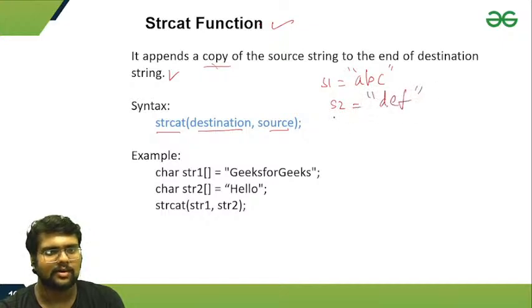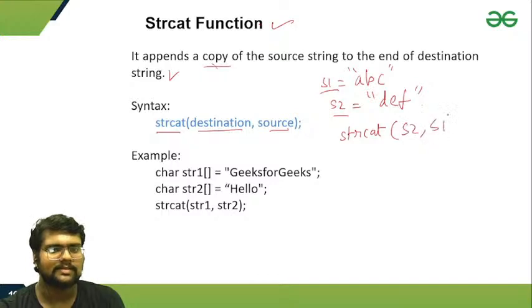I want to concatenate s2 and s1, so for that I will use strcat(s2, s1). It will copy s1 at the end of s2, so it will be defabc.